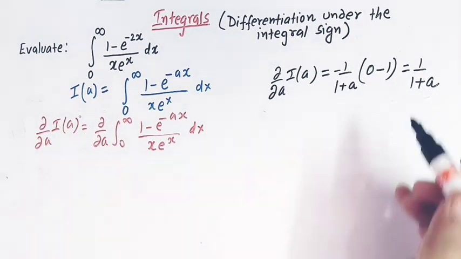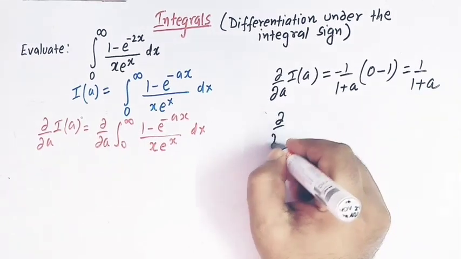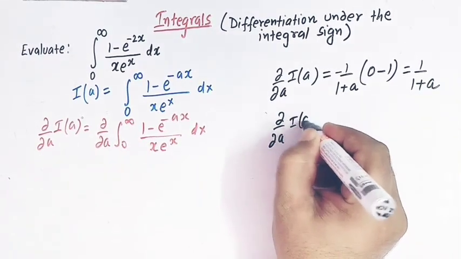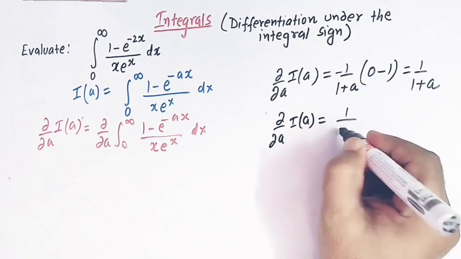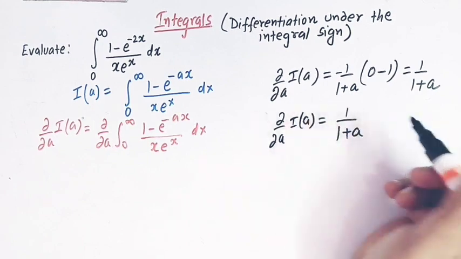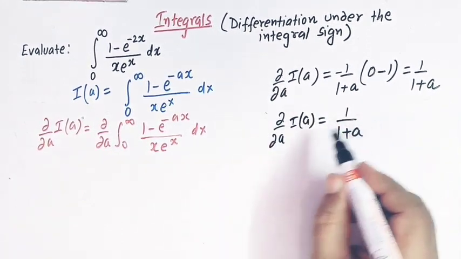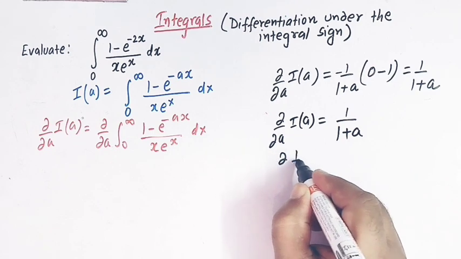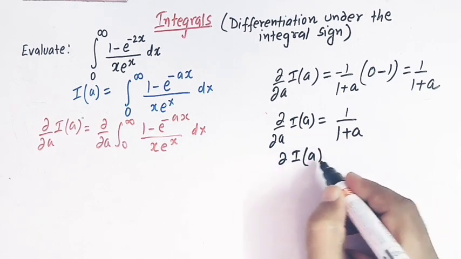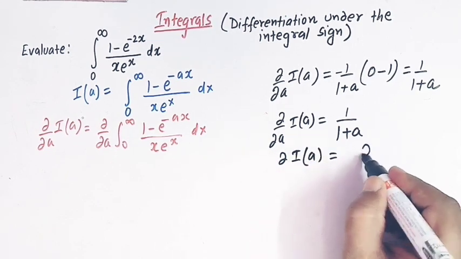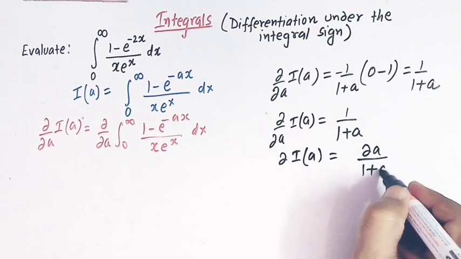So now viewers, here we see that we have a differential equation. So integrating both sides, we can write it as dI(a) is equal to da over 1 plus a.